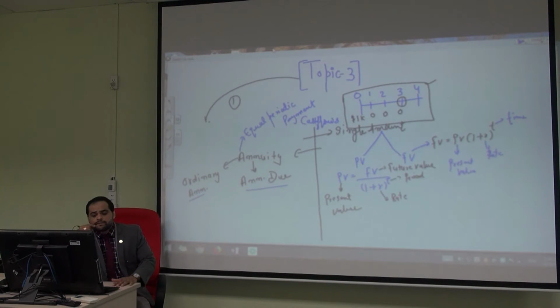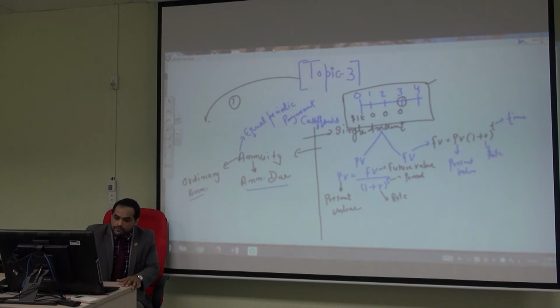Ordinary annuity means when we have an investment or cash flows at the end of the period. When we have cash flows at the end of the period, that's called the ordinary annuity. And annuity due means when cash flows are in the beginning of the period. Alright? So I write down for you.